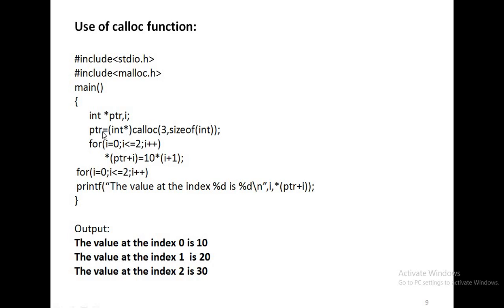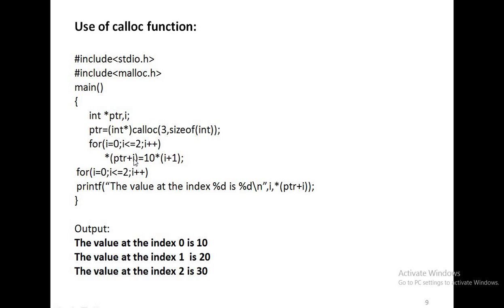So ptr will have the address of the first element of the array, then +1 will give you the second element, then the third element, in this way. Here in this for loop, i is equal to 0, less than or equal to 2, so i will be 0, 1, 2, it will run 3 times, and ptr plus i, ptr plus 0. So first, ptr will have the value 10 into 0 plus 1, that is 10, then 20, then 30. 3 values will be there as per this requirement.